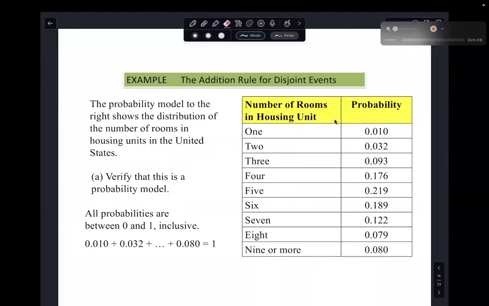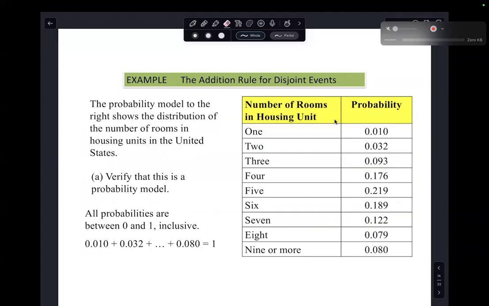Okay. So we have a probability model right here. It shows the distribution of number of bedrooms in a housing unit in the United States. So we're verifying that this is a probability model. Look at all of our probabilities: they are between 0 and 1, none of them are over 1, none of them are negative numbers, and they all add up to 1.